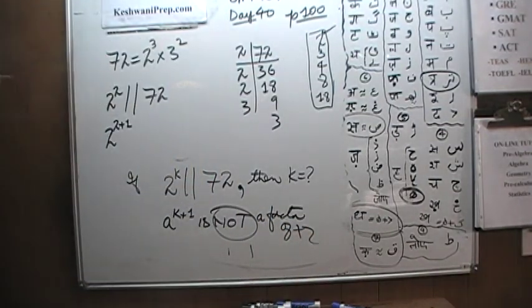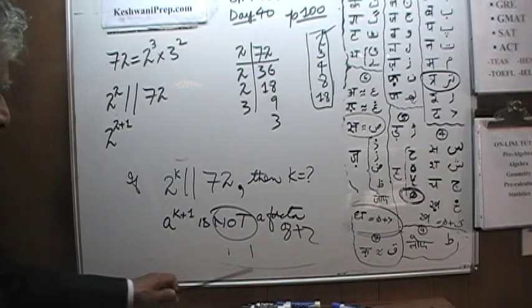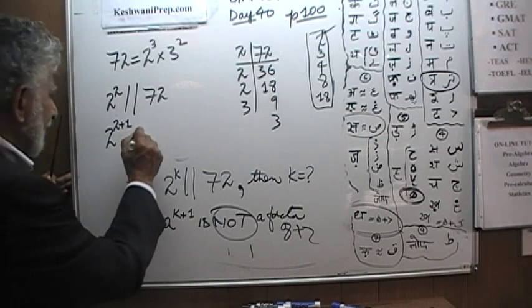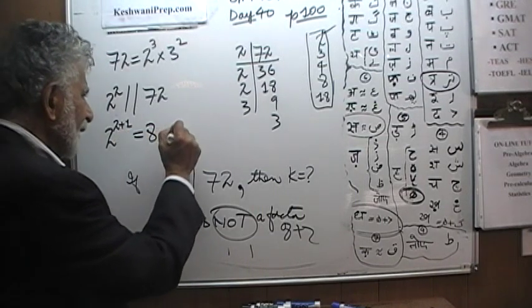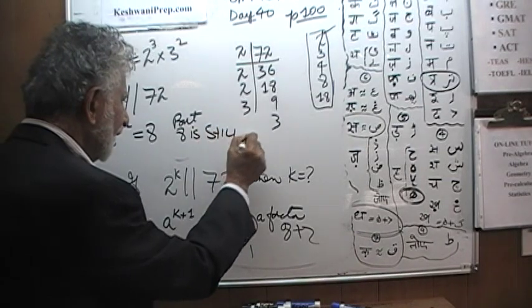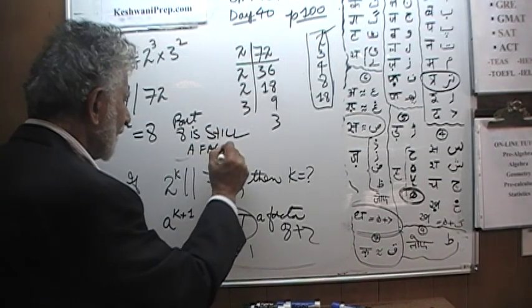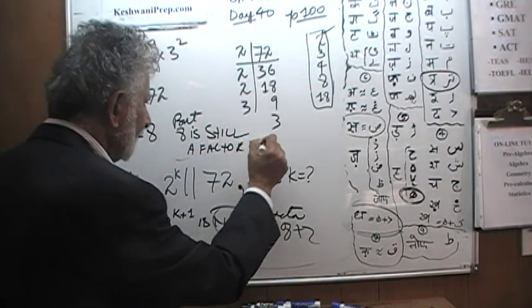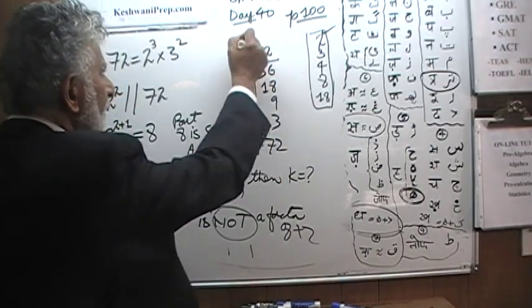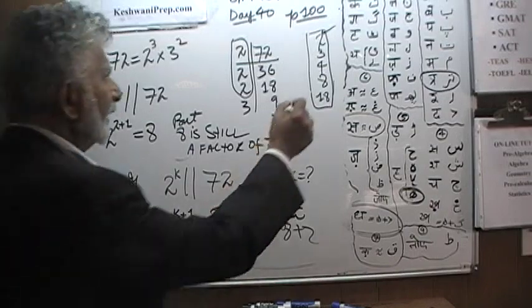That's what we were told in the problem. But here, as you can see, 2 raised to 2 plus 1, which is going to be 8, is still a factor of 72. As we can clearly see here, 8 is a factor of 72. So 2 is not the answer.